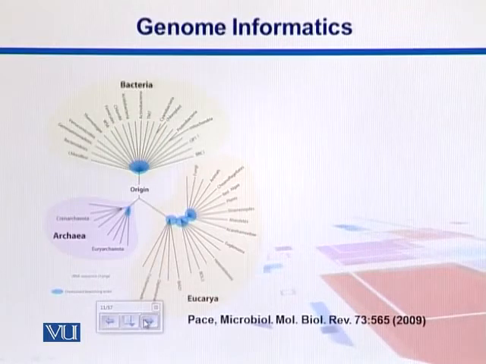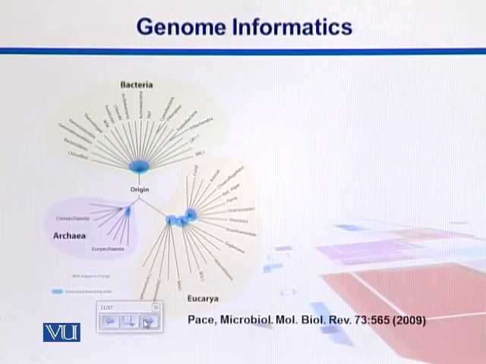Here in this diagram we see a universal tree of life that has been made with the help of the structures of the small ribosomal RNA unit. It divides all living organisms into three groups. We have bacteria at the top, we have archaea, which are special organisms that live under harsh conditions, and then we have eukarya, which is obviously the biggest among all.